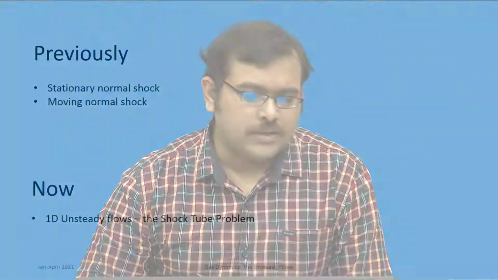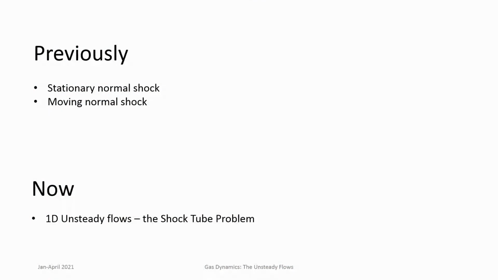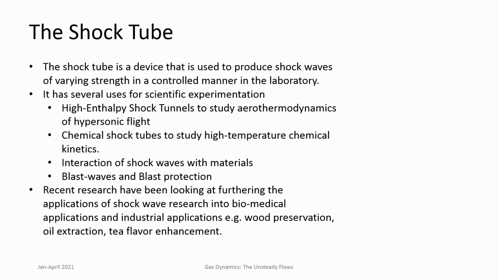The moving normal shock is actually an unsteady phenomenon, but we saw that by a proper transformation, by jumping onto the normal shock, one could convert it to a stationary frame. But now we will deal with the shock tube problem, which is a 1D unsteady flow problem.